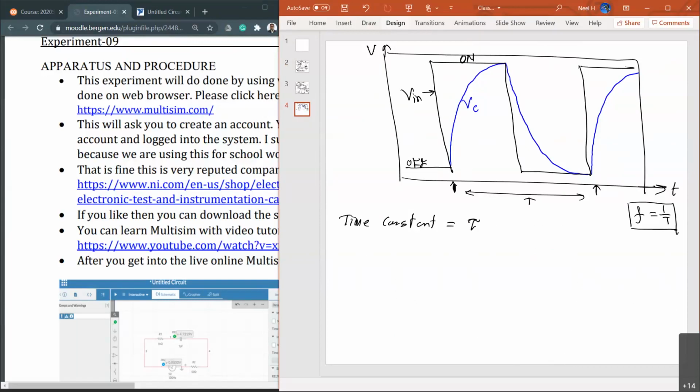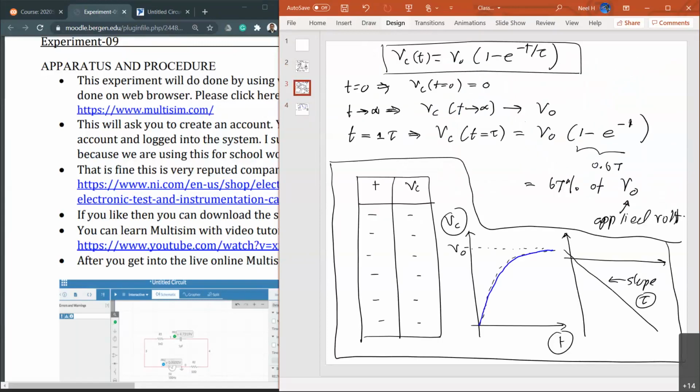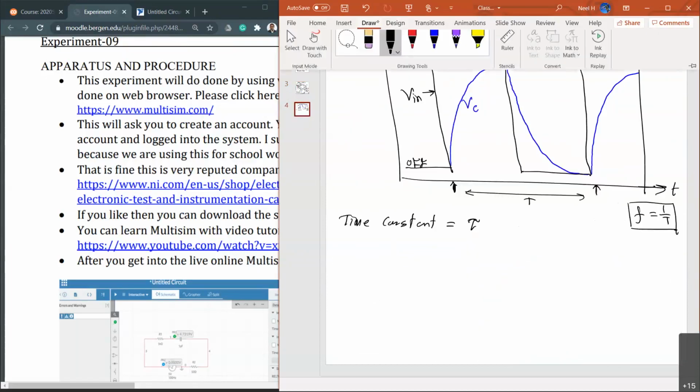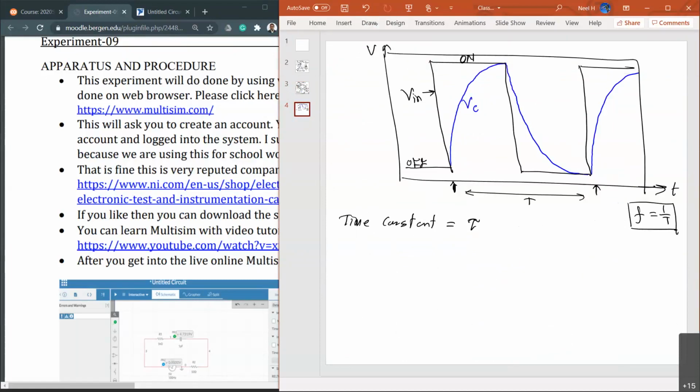Now, if I want to measure the time constant, we know that when you go one time constant on your time axis, your voltage should increase by 67%. So your charging graph on your oscilloscope is going to look like this. That's the charging graph.